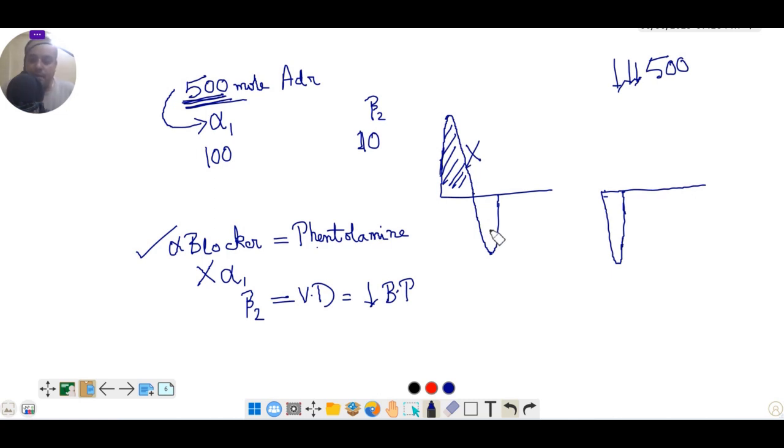But after giving the alpha blocker, it is directly decreasing the BP. And this is a vasomotor function. So now the vasomotor function of adrenaline upon giving an alpha blocker has been reversed.